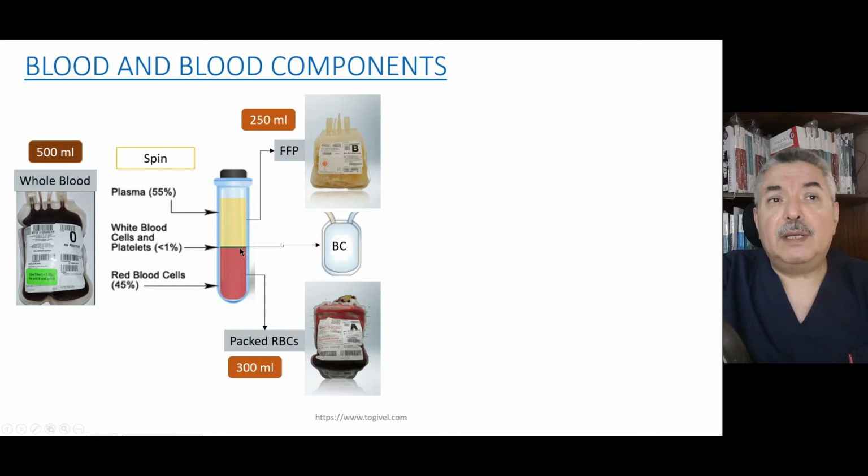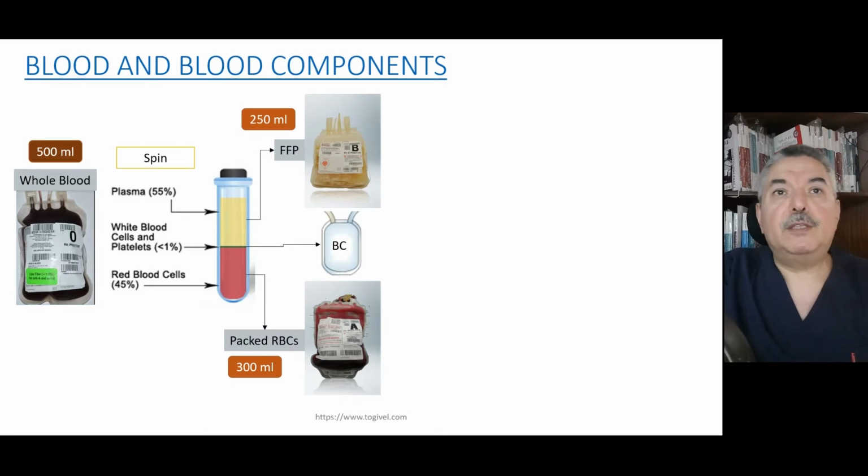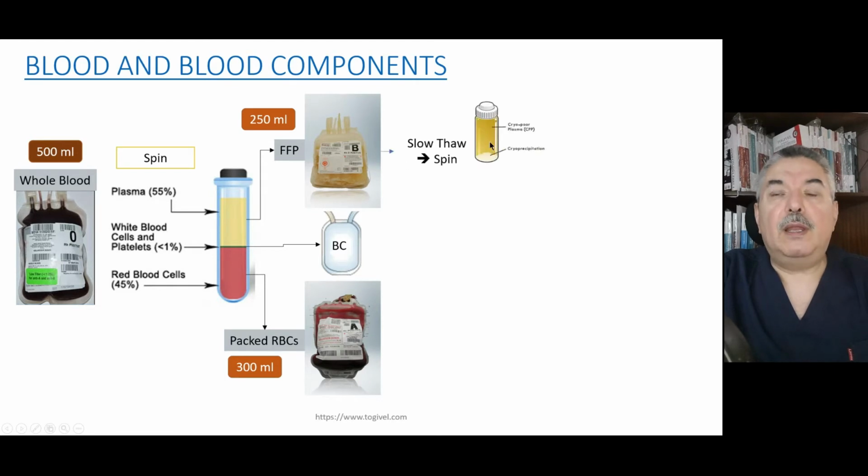And in the middle there is a layer, which is the buffy coat. The buffy coat is the layer which contains platelets and white blood cells. So this means that the fresh frozen plasma will have all clotting factors except the platelets, which are in the buffy coat. If you centrifuge the plasma after thawing, it will separate into cryoprecipitate and cryopoor plasma.